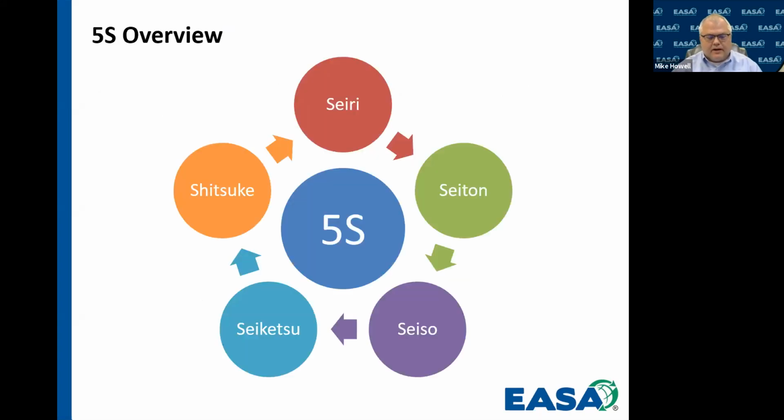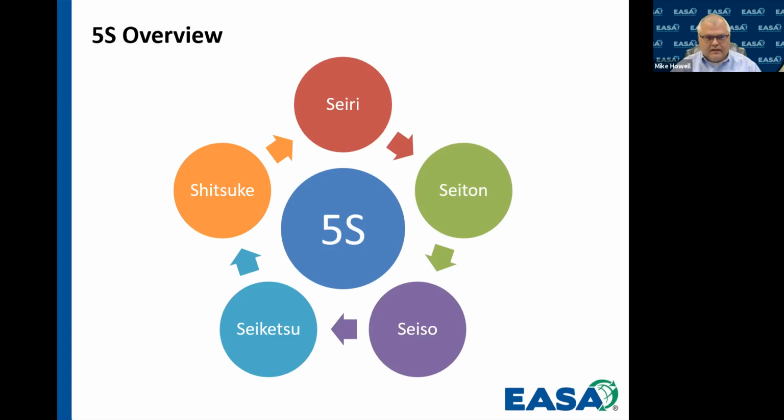Now, when this process was first started, these 5S terms, being Japanese, the process starts up here. This is Seiri, Seiton, Seiso, Seiketsu, and Shitsuke. Didn't take long to figure out that not many people here speak Japanese fluently.